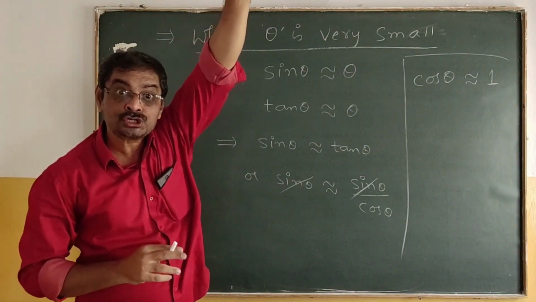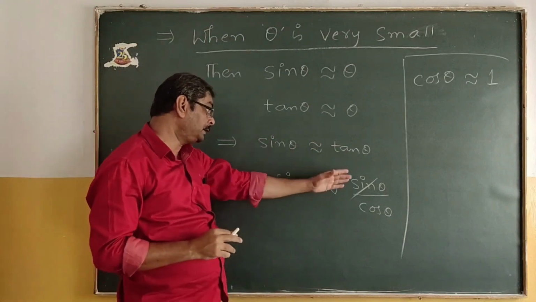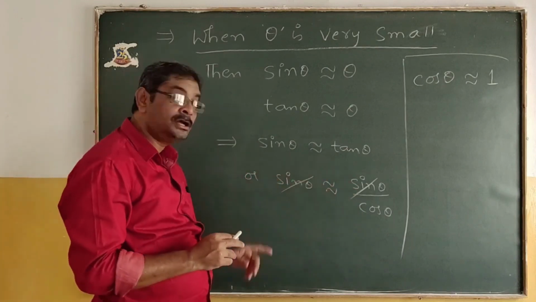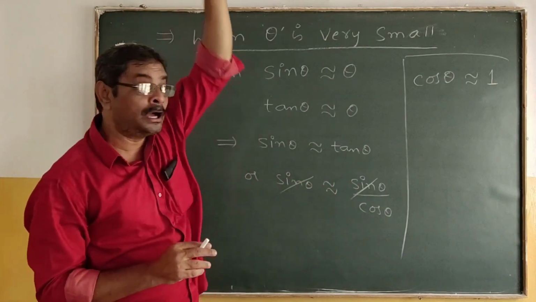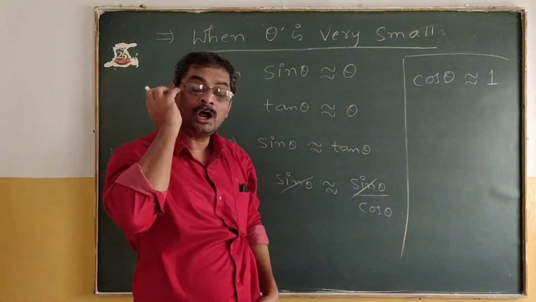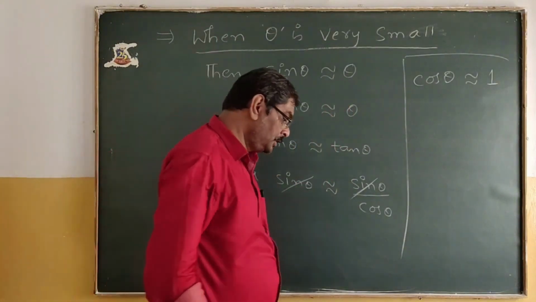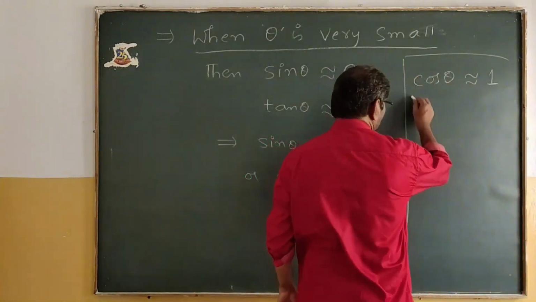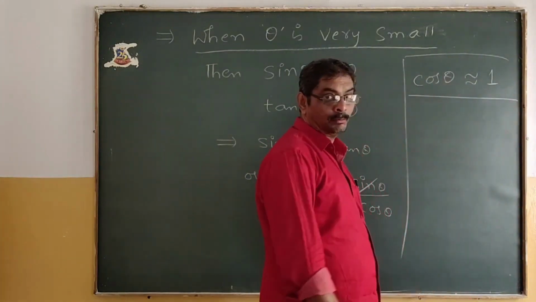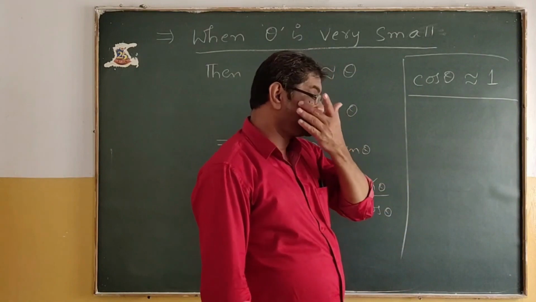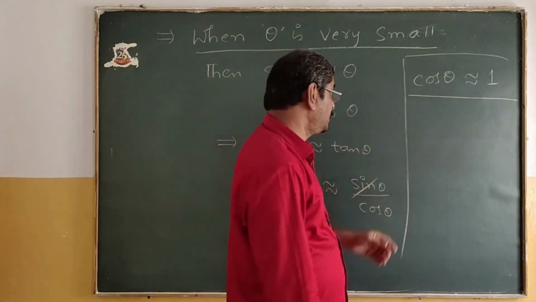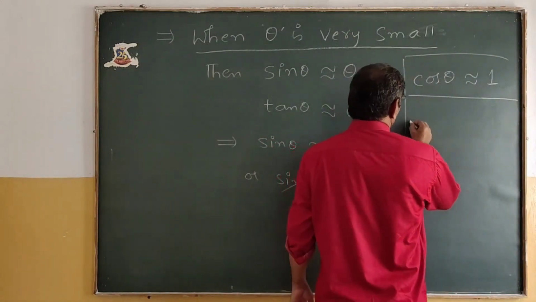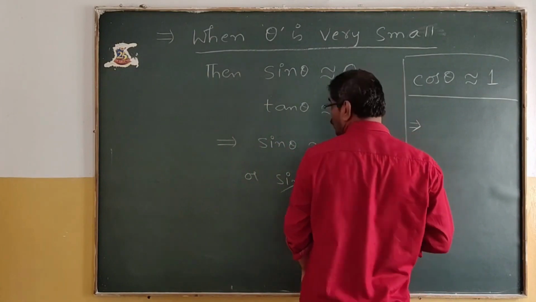Tan theta will be approximately equal to theta, which implies sine theta will be approximately equal to tan theta. Tan theta can be written as sine theta by cos theta. So sine and sine cancel, which implies cos theta will be approximately equal to 1. That is another important thing you need to remember.